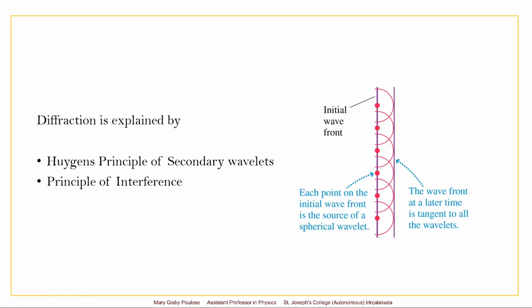Now, when these secondary wavelets are formed, each of them interferes with the others, and hence here comes the principle of interference. So, when these two principles are taken into account, we can explain diffraction.